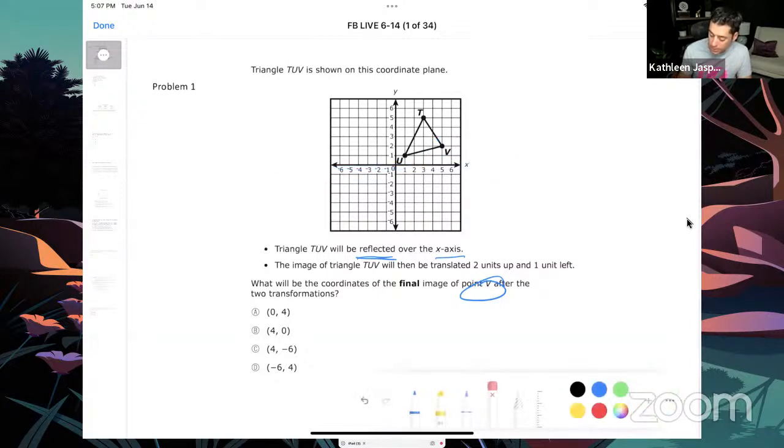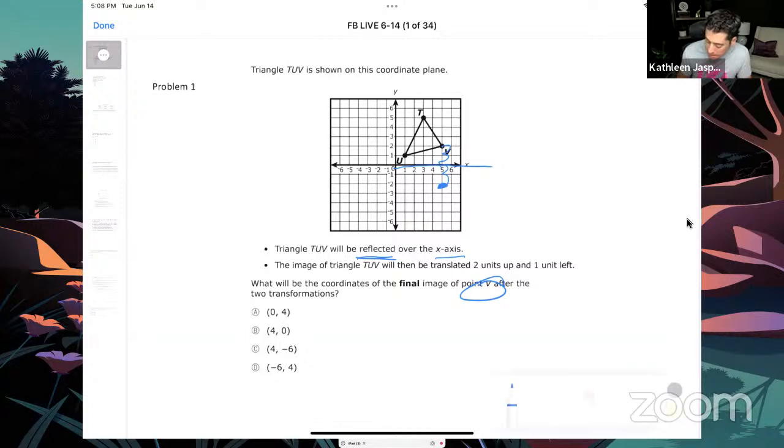From the x-axis, which is here, it should be equidistant from your reflection point. Point V is up here, which means I go 1, 2 to get to the x-axis. So it's a distance of 2. Well, that means I go 1, 2, and now my reflected point V is going to be here.